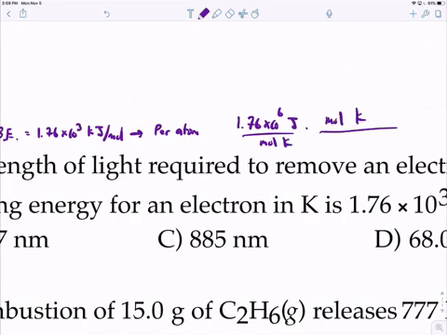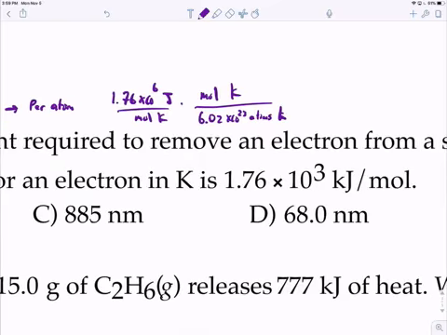One mole of potassium is 6.02 times 10 to the 23rd atoms of potassium. So 1.76 times 10 to the 6 joules divided by 6.02 E23, and you get 2.92 times 10 to the minus 18 joules.